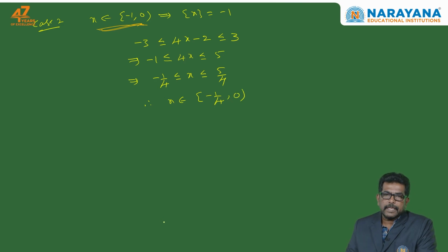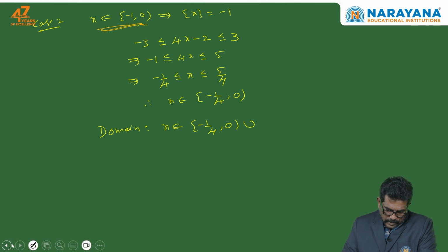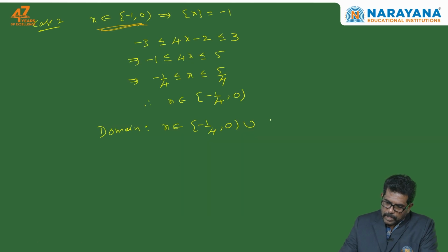In all the remaining cases it is not defined. Now consider the union of the domain: x belongs to [minus 1 by 4, 0) union the first case, [0, 3 by 4].